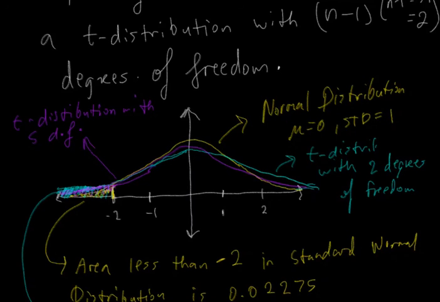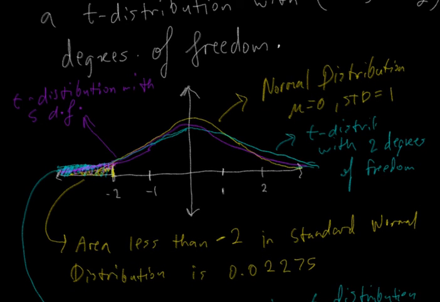As you could see with the purple line, this is a t distribution with 5 degrees of freedom, and it's closer to the normal distribution. And as you keep going, and you get to a sample size of about 30, it starts to become very, very close to the normal distribution. And of course, if you take the sample size to infinity, then it is identical to the normal distribution. And so this has been a video on the t distribution, and thanks for watching.